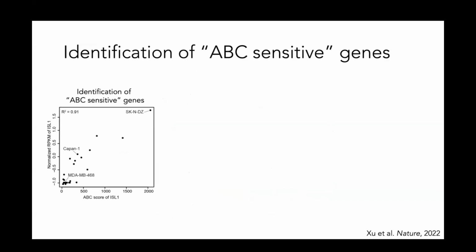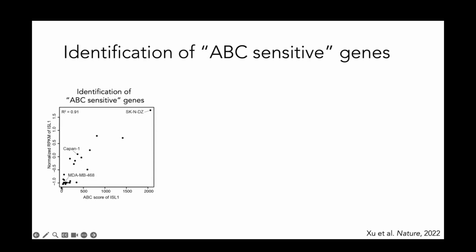So what Jichao did is he took Hi-C data, RNA-seq data, and H3K27 acetylation ChIP-seq data from a panel of about 20 or 30 cell lines. And you can calculate these activity by contact scores for every gene in the genome by essentially finding the enhancers that are nearby and calculating a score, summing that enhancer signal by how much the gene interacts with those surrounding regions, and then correlating that with gene expression.